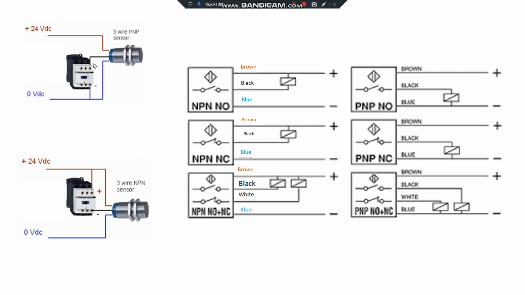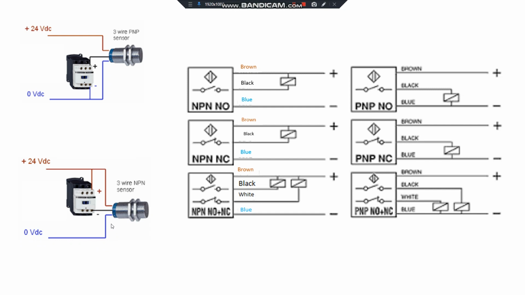And the black cable is the output. In the PNP sensor, this will have 24 DC when the sensor is activated. In the NPN sensor also, the brown cable is 24 DC, and the blue cable is 0 volt DC.